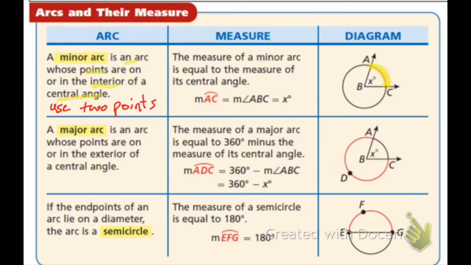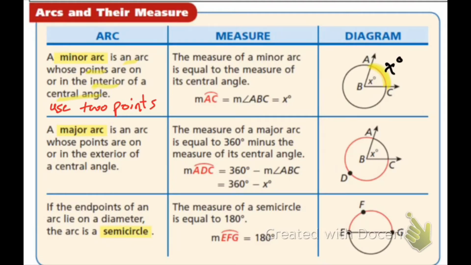So if you see an arc with 2 points, that's going to be a minor arc. What's easy about this is that if you have the central angle, whatever that is, the arc measurement is the same.